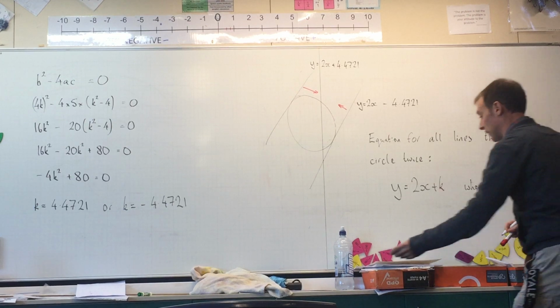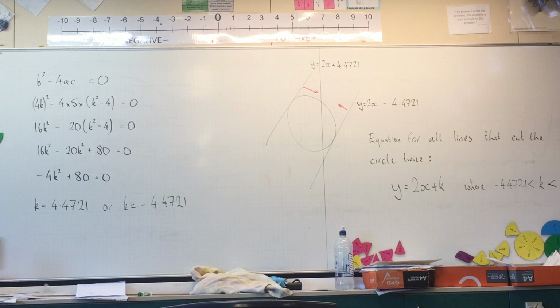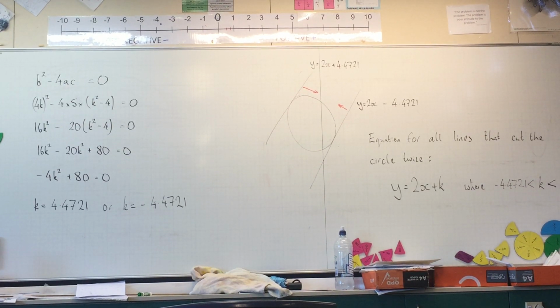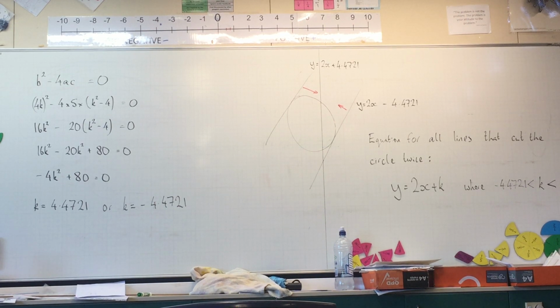Thank you. And k is smaller than, and I've run out of space on my board, 4.4721. Does that make sense? There's a lot of stuff in there to remember. It's actually all quite easy when you think about what you're doing.